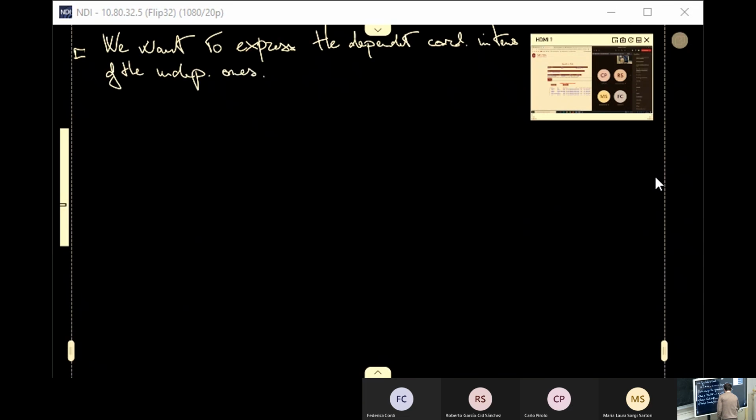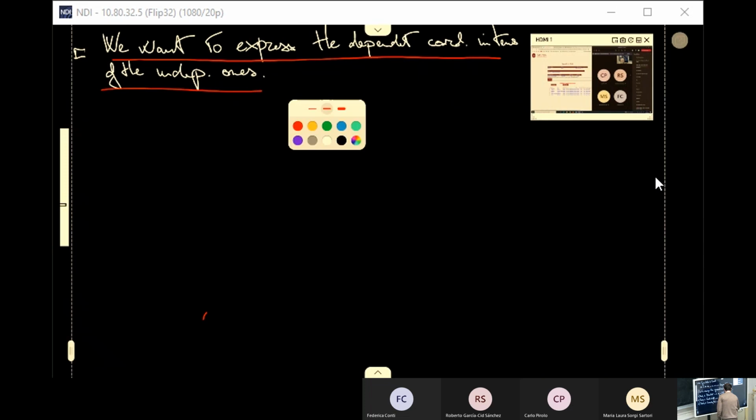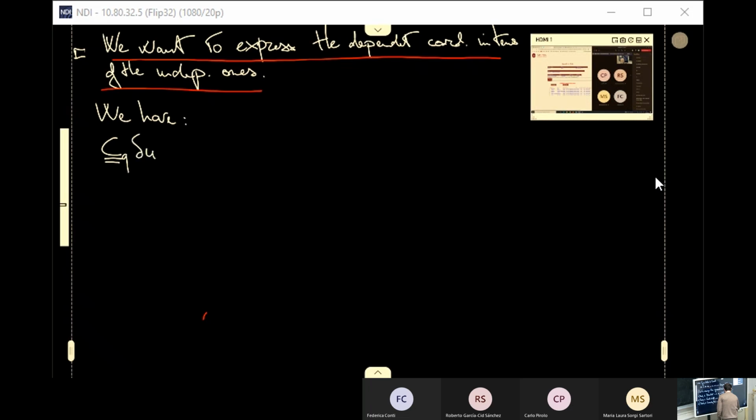That's our goal. Since this is our goal, we proceed as we saw yesterday: C Q dq is equal to 0. Okay, so this is the Jacobian.